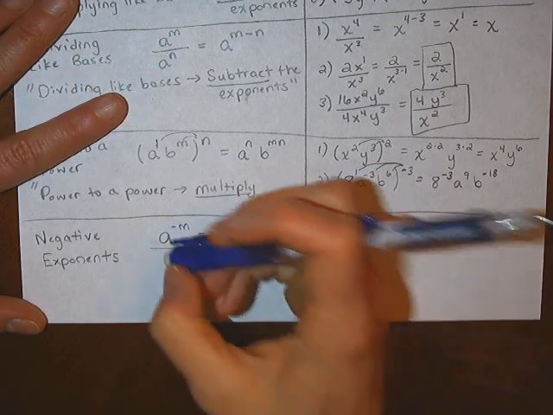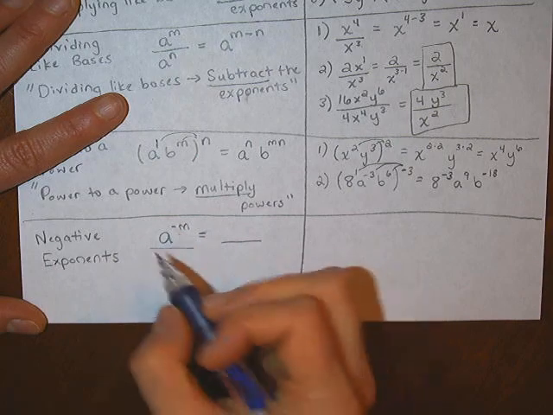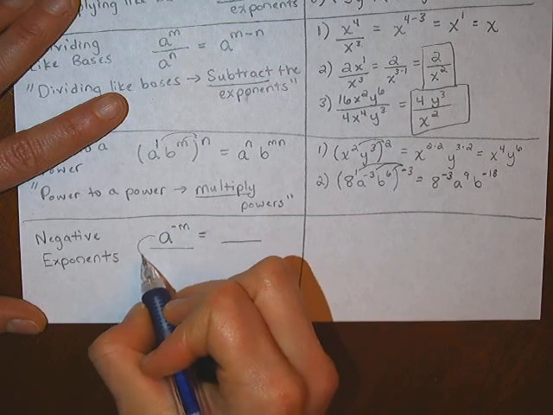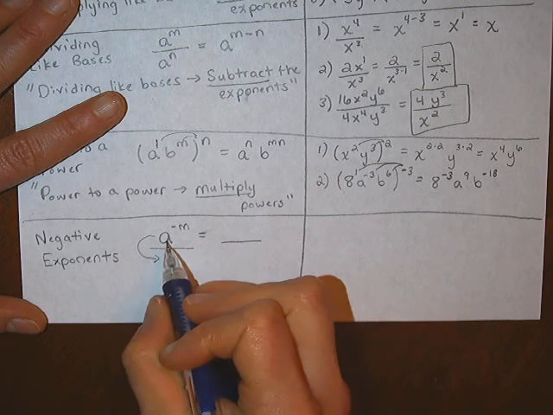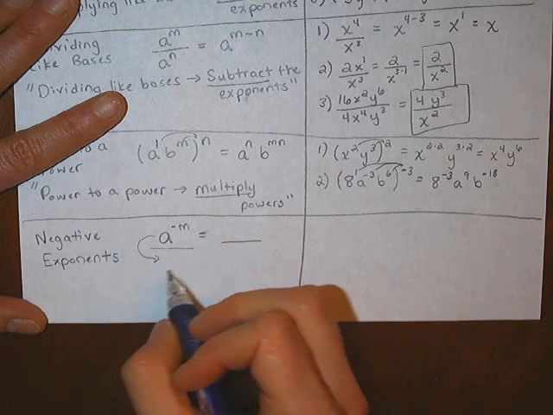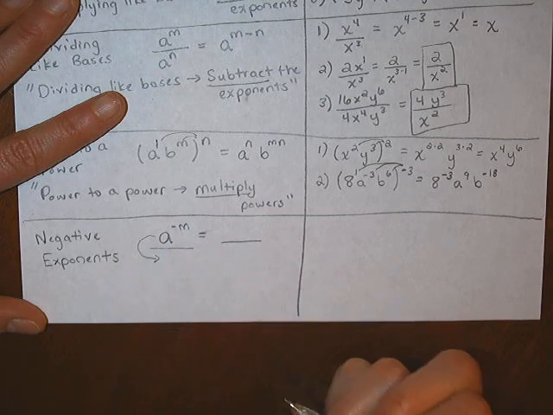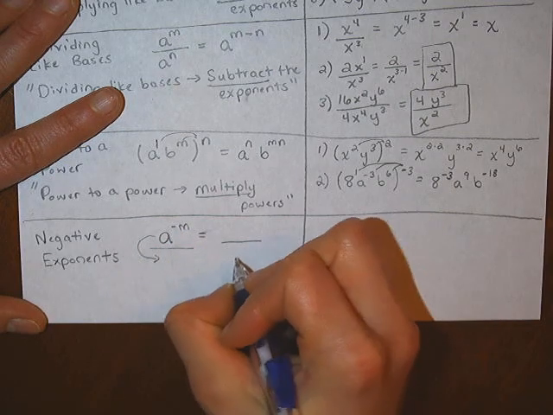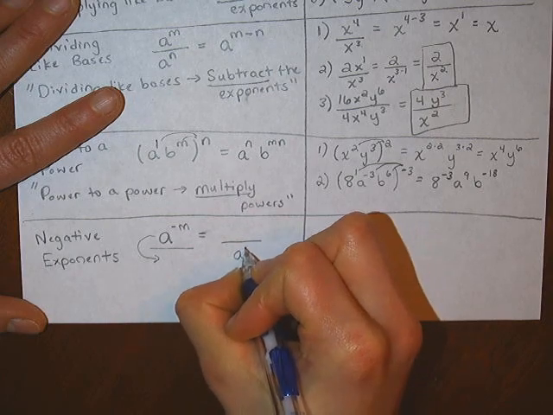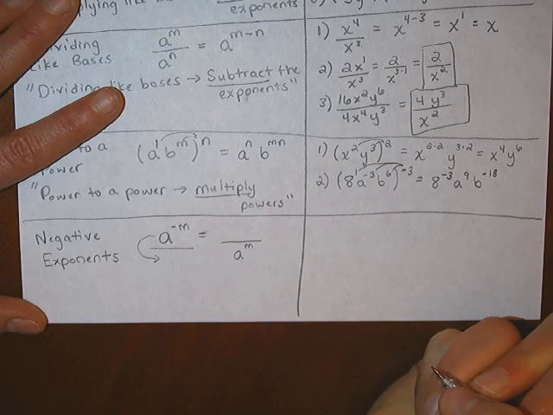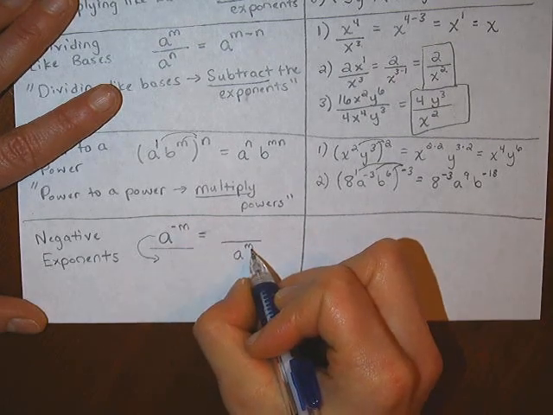And so when you have something like that going on, to make the exponent positive, you actually have to take it and move it to the other side of the fraction. So since this is on top of the fraction, the base and its exponent will move to the bottom of the fraction. And so when I do that, remember I move the base and its exponent, the thing that will happen is that the exponent will become positive.